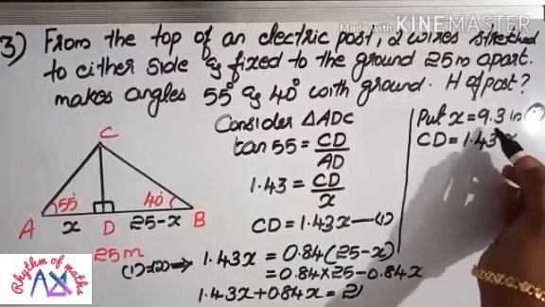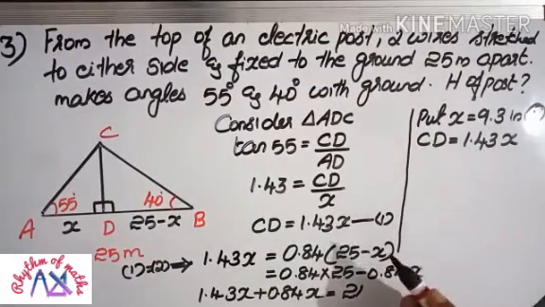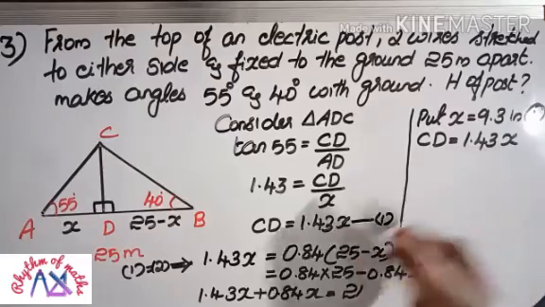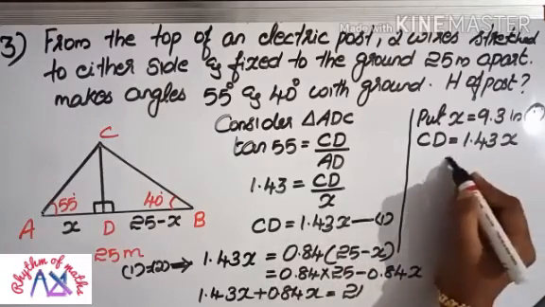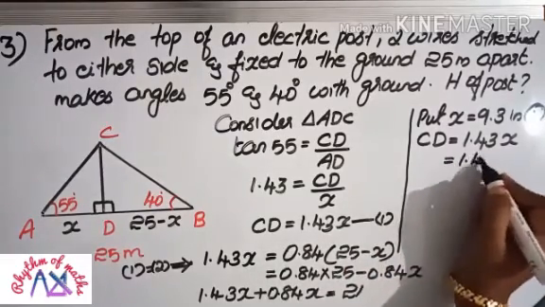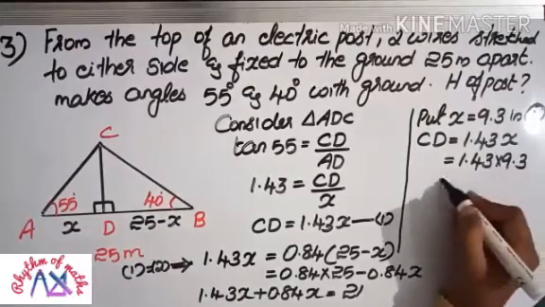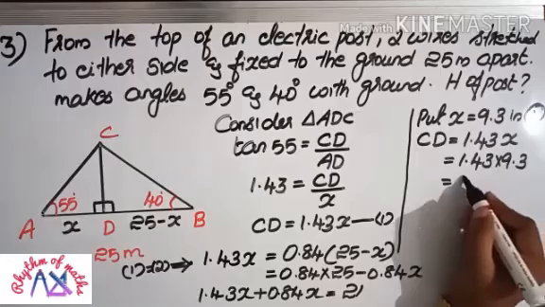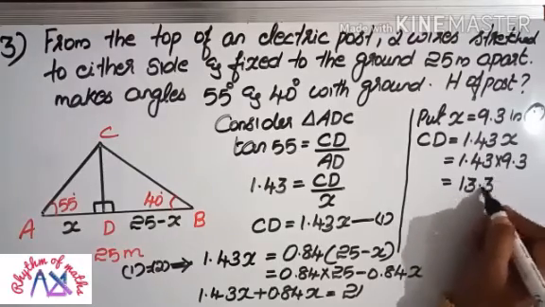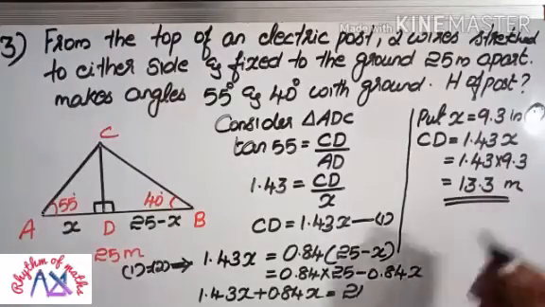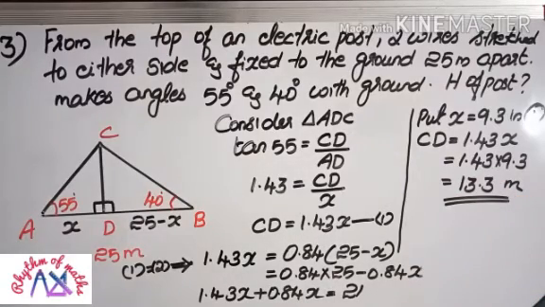So CD equals 1.43x, that is 1.43 into 9.3. Multiplication of these two numbers is 13.3 meters. That means CD, the post, its height is 13.3 meters.